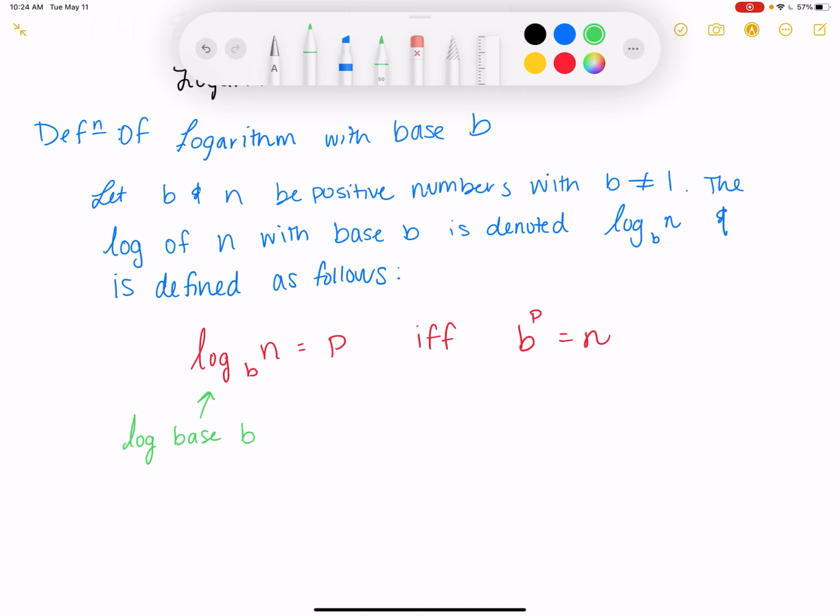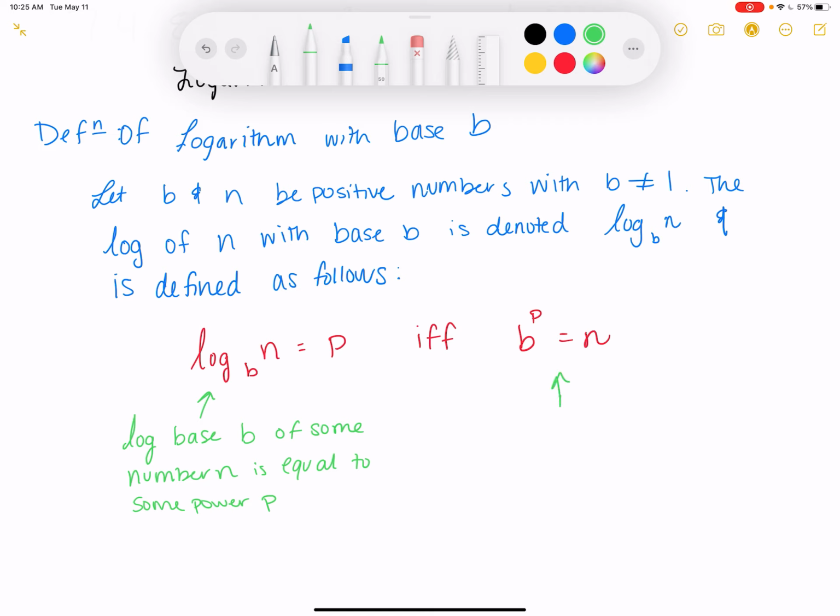Log base b of some number n is equal to some power p.